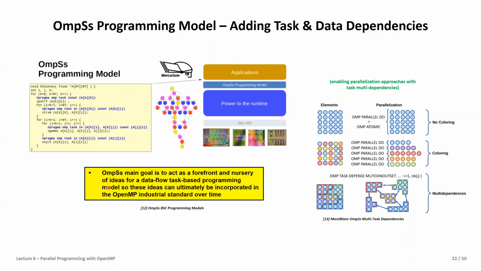The simple idea, however, remains: you still have pragma omp, the sentinel, working on these statements in order to enable parallelization. And then when you have these so-called multi-dependencies from the tasks, you can imagine different elements that you would do. Here we see, for instance, a full parallelization of all the elements.